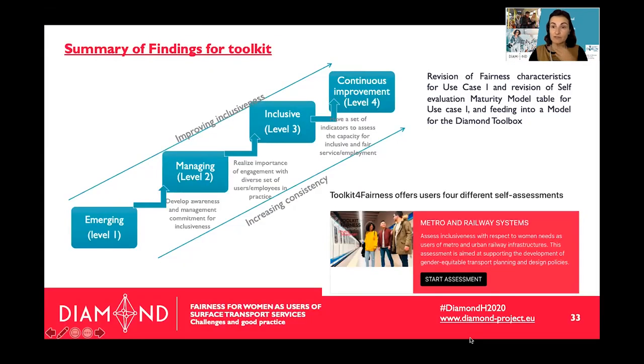What we did was consider all those themes and aggregate the relevant ones to distill a self-assessment checklist that companies can approach on the web, using a toolkit for fairness assessment that we developed to establish a benchmark of their level of fairness and inclusivity. And we based this on, let's say, a fairness maturity model that has a range across four levels, from emerging to managing, inclusive, and a stage of continuous improvement, which means an excellent situation.